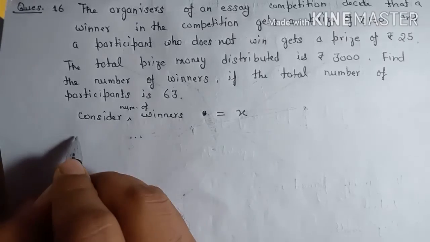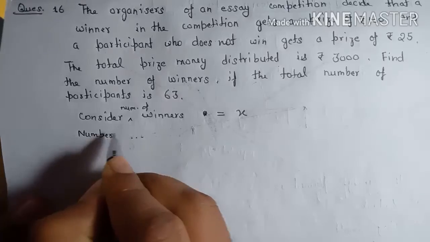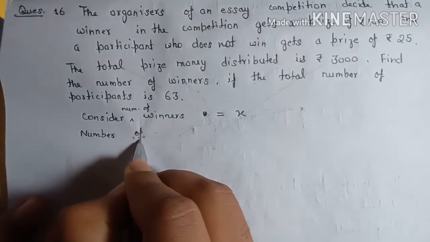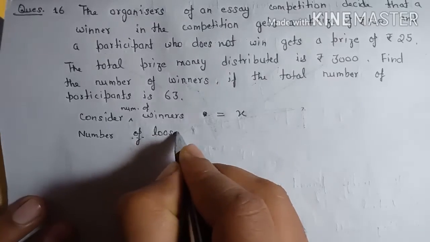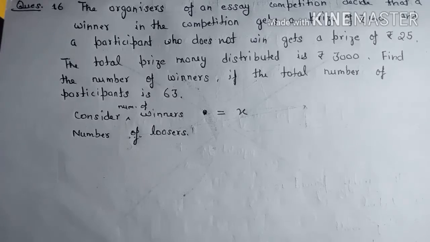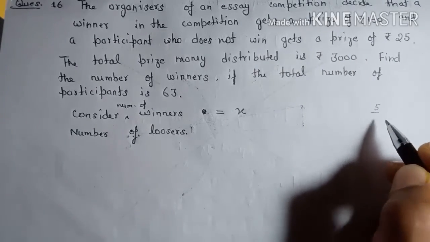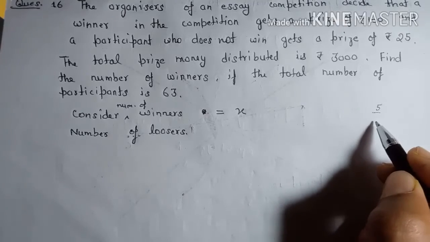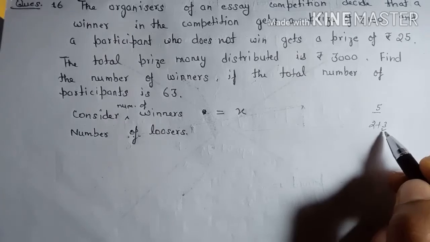So number of losers, can you tell me? Number of losers, you can write it loser or not winners. If total 5 students are here and 2 are winners, it means 3 are losers. How did you get this 3?